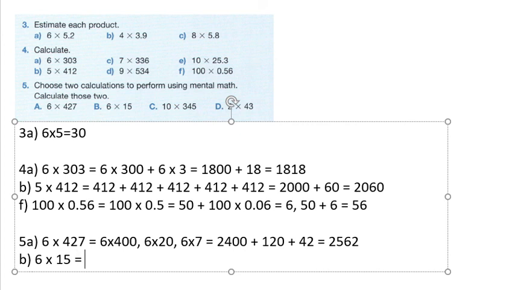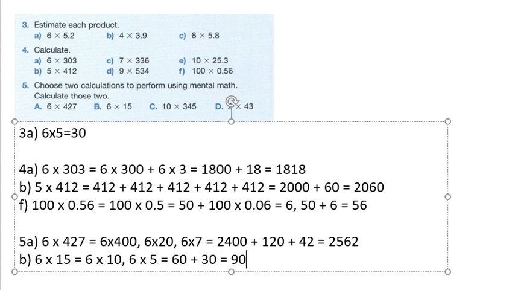And for our B, 6 times 15. Once again, I'm going to decompose the 15 into a 10 and a 5. So I could say 6 times 10 and 6 times 5. And if I add them up, 6 times 10 is 60. 6 times 5 is 30.